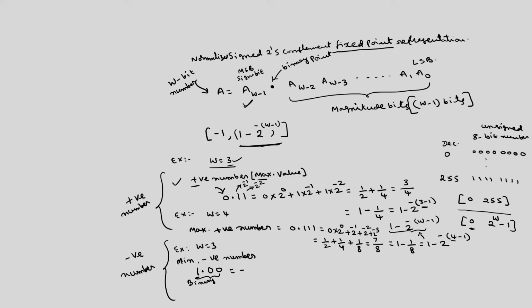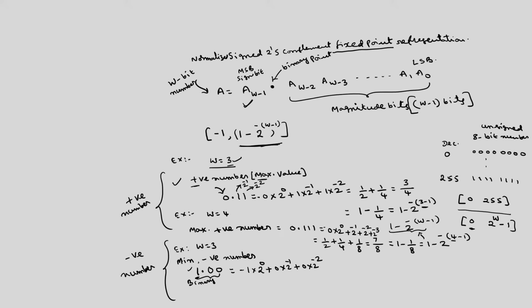So, the decimal equivalent will be minus 1, because the sign bit is 1. So, this is 1 into 2 raised to the power of 0 plus 0 into 2 raised to the power of minus 1 plus 0 into 2 raised to the power of minus 2.